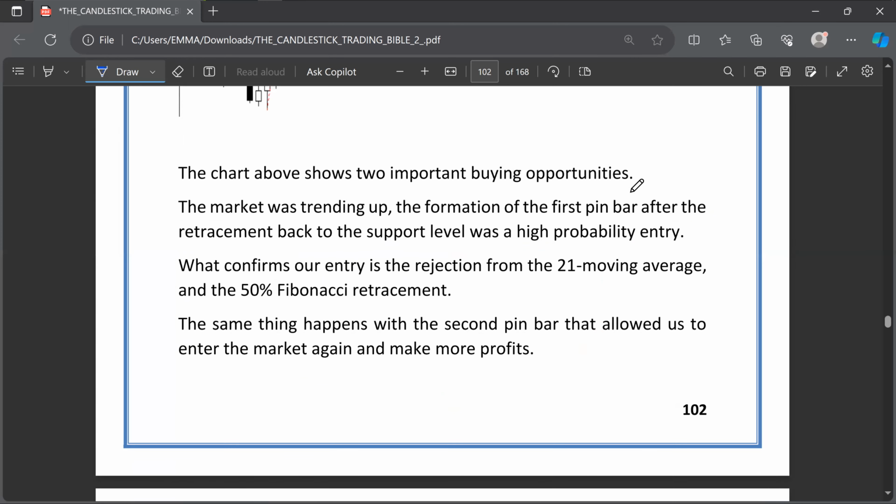So the chart above shows two important buying opportunities. The market was trending up. The formation of the first pin bar after the retracement back to the support level was a higher probability. What confirms our entry is a rejection from the 21 moving average and the 50% fib retracement.